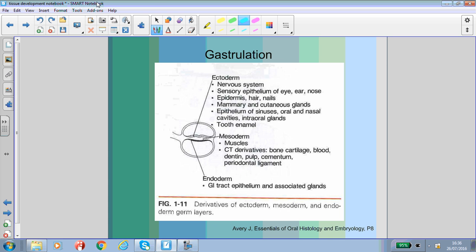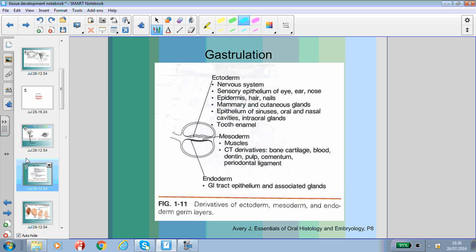So it's a fair assumption that if it's on the outside, it's come from the ectoderm, and if it's on the inside, it's come from mesoderm, and if it's a lining, that it's endoderm, but it's not an absolute set in stone thing. So that all occurs as part of gastrulation, which is happening at about 16 days post-fertilization.